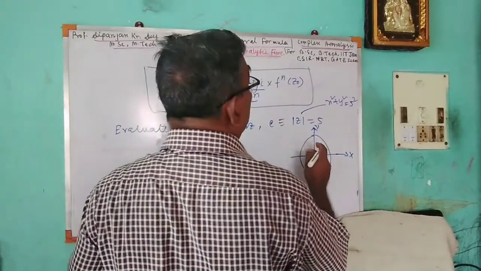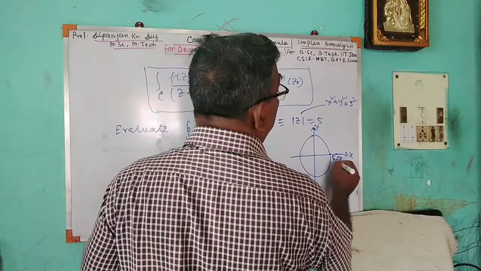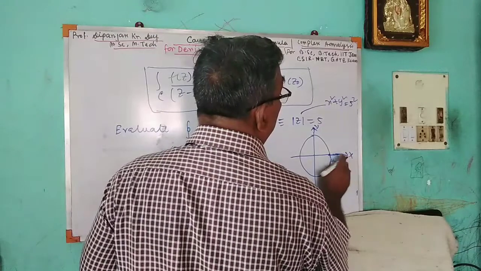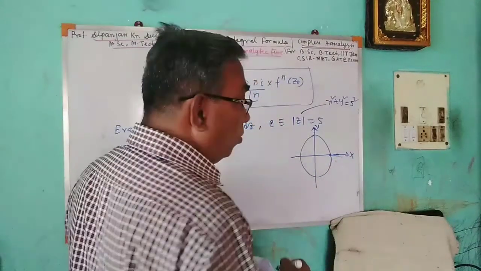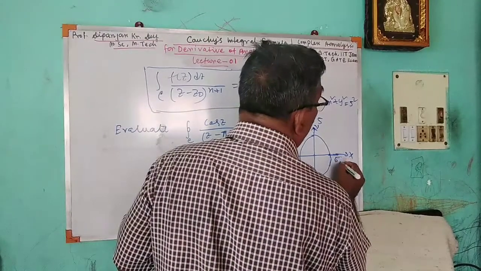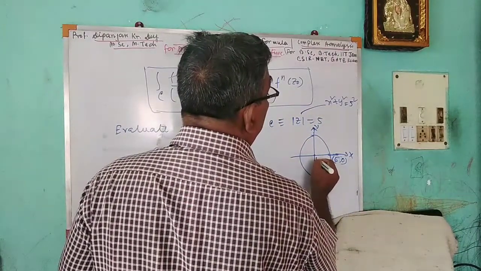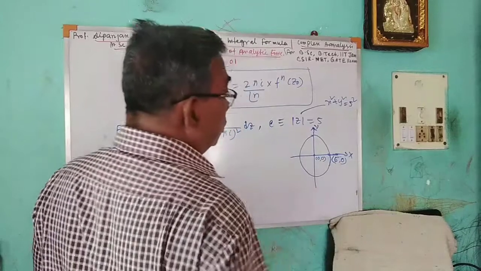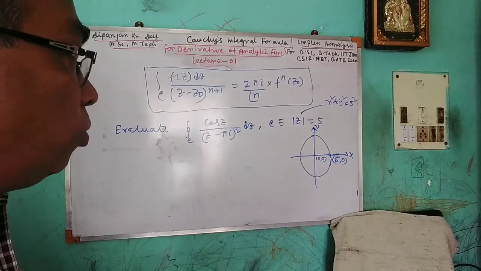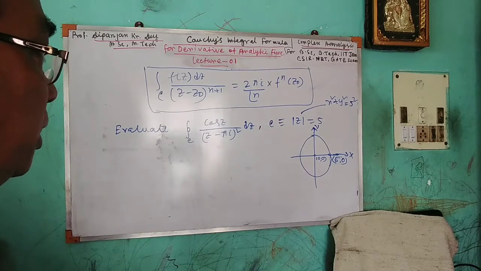This point is 5 comma 0, because radius is 5, and this point is 0, 0. So this represents a circle whose center is 0, 0 and radius is 5.